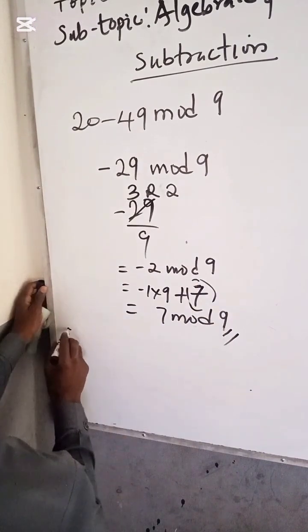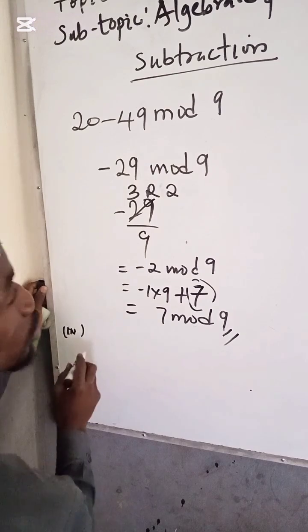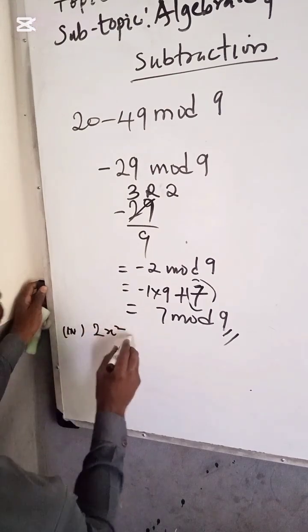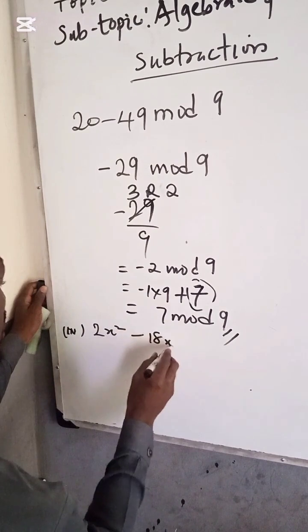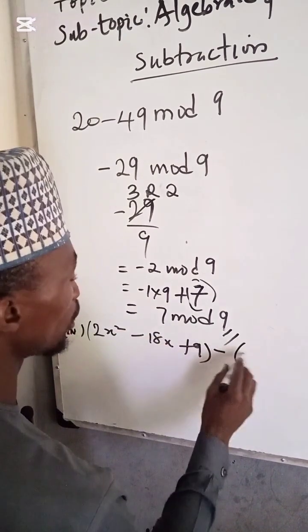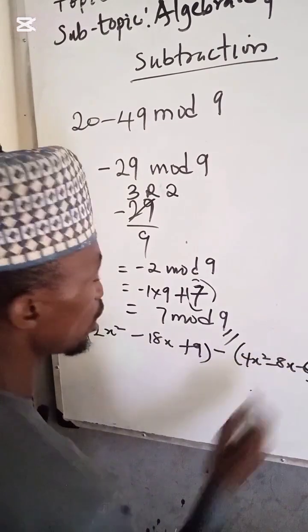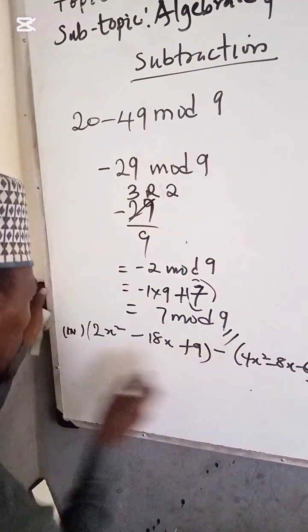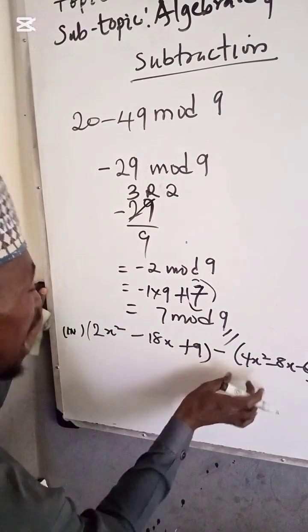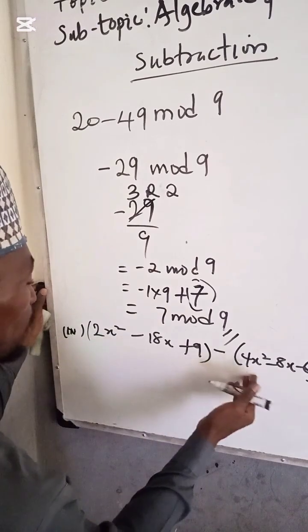Now, the last but not the least, it says what? 2x squared minus 18x plus 9 minus 4x squared minus 8x minus 6, modular 7. Take them one after the other according to the terms.